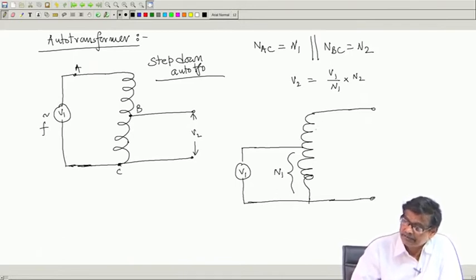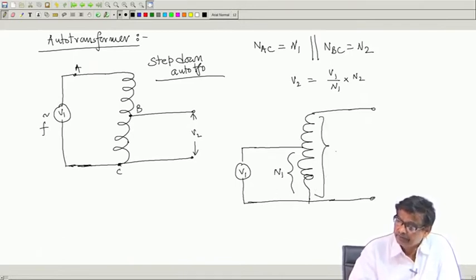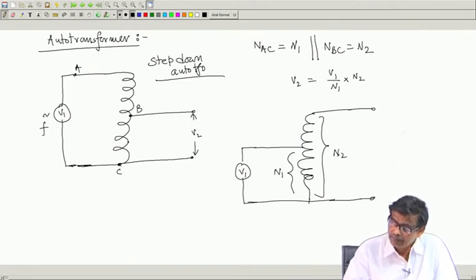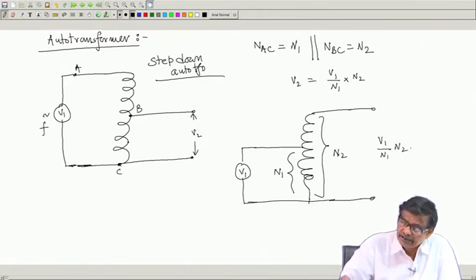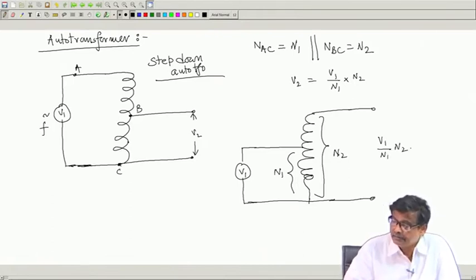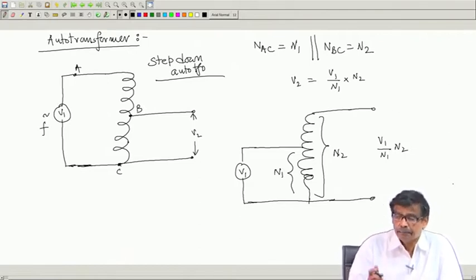Voltage per turn remains the same, and this is N2 number of turns. So the available voltage on the secondary side will be V1 by N1 into N2, but since N2 is greater than N1, you will get a higher voltage on the secondary side.